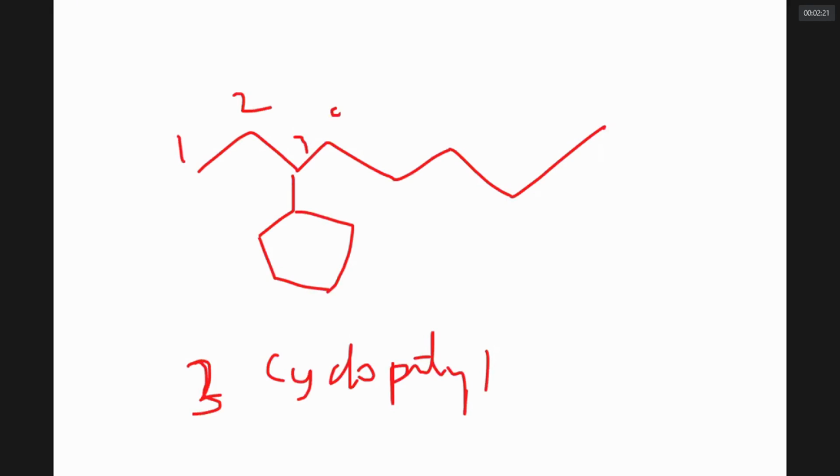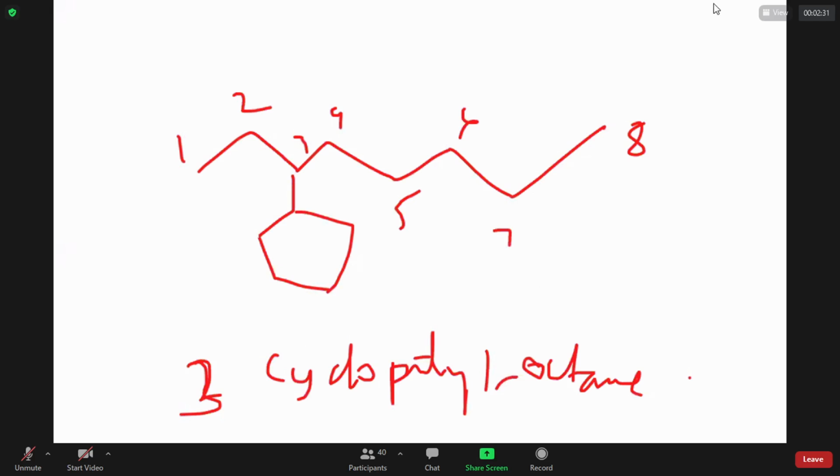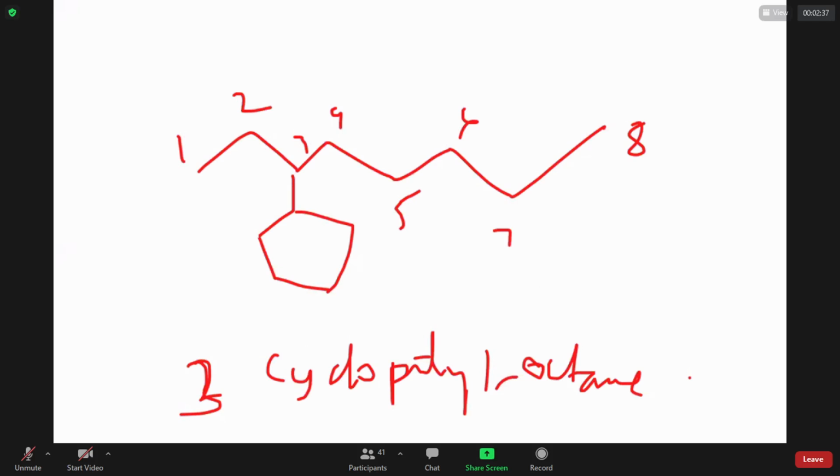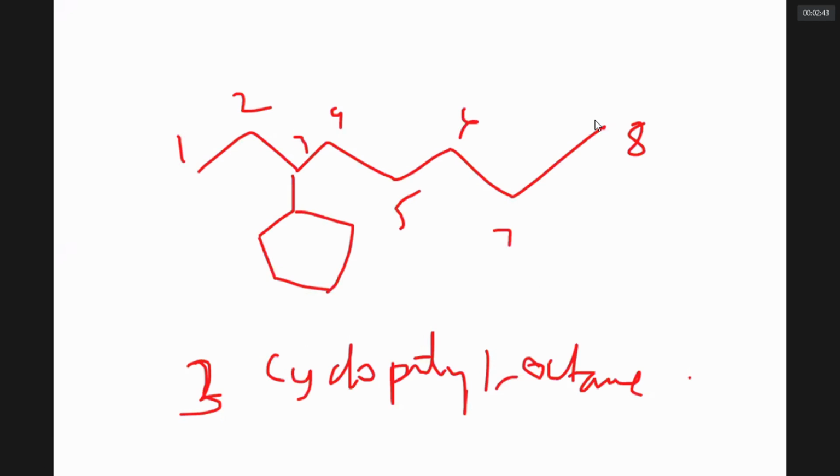Counting 1, 2, 3, 4, 5, 6, 7, 8, it is octane. So it is 3-cyclopentyl octane. What is the big deal in this? Everybody got 4 marks simply for nothing. Any difficulty? No, sir, no difficulty.